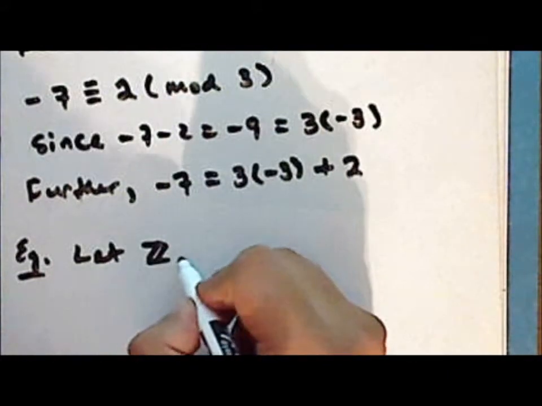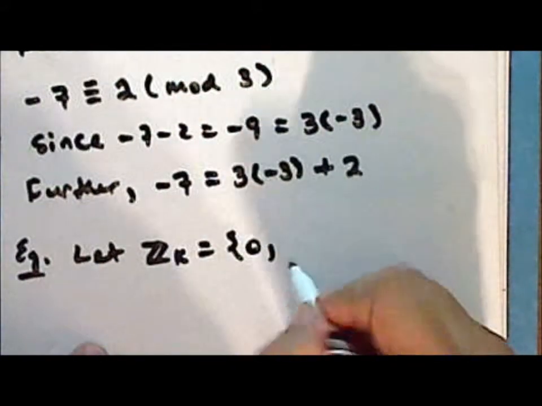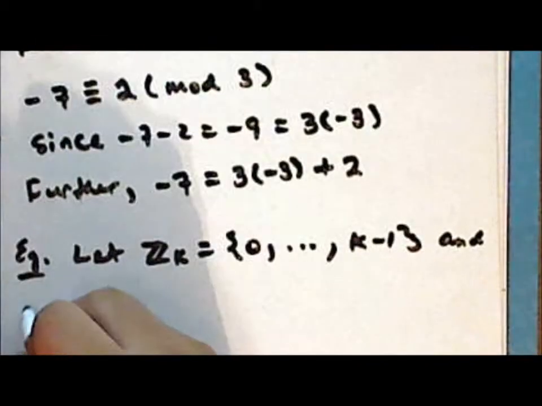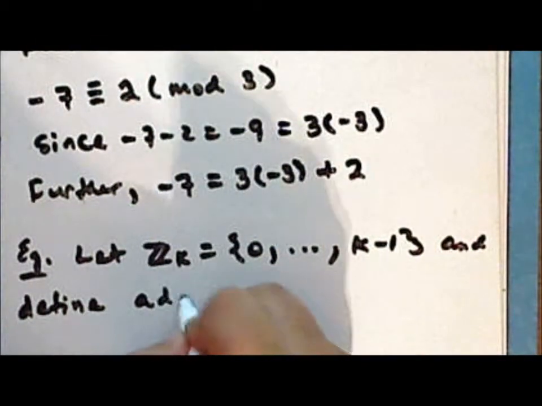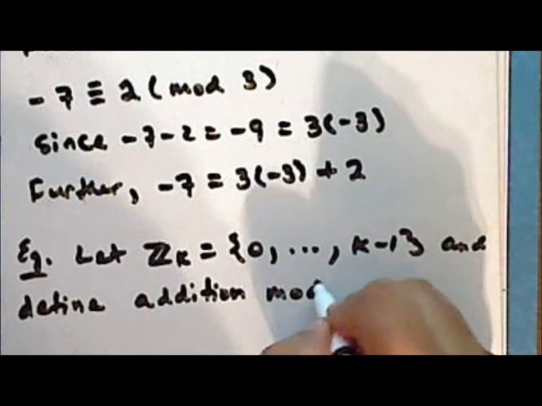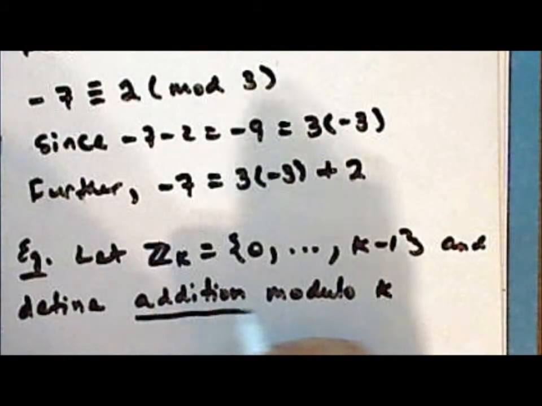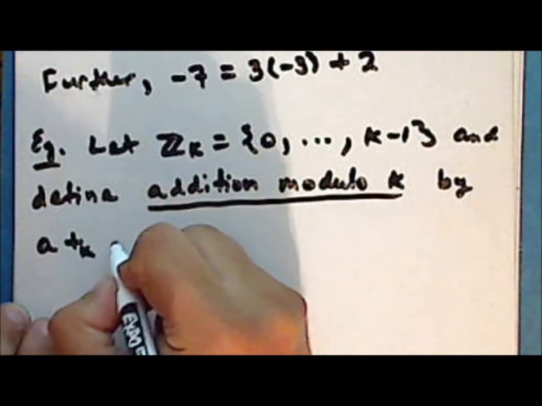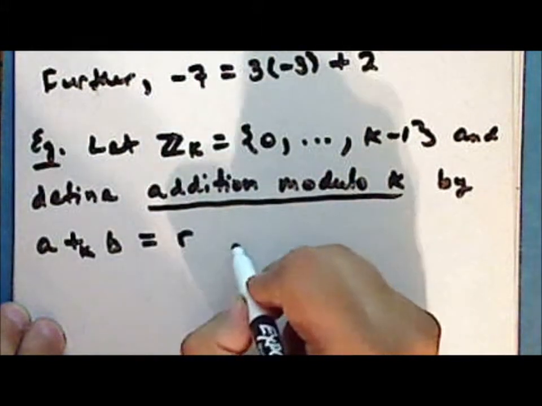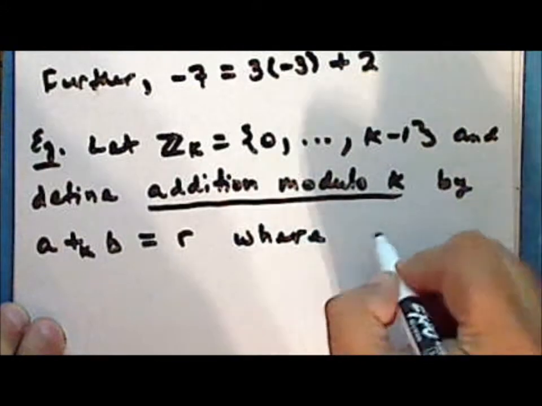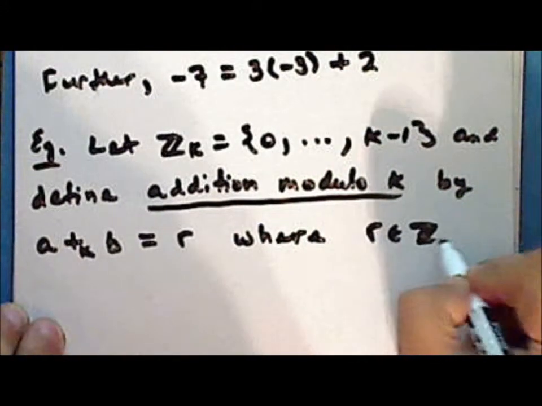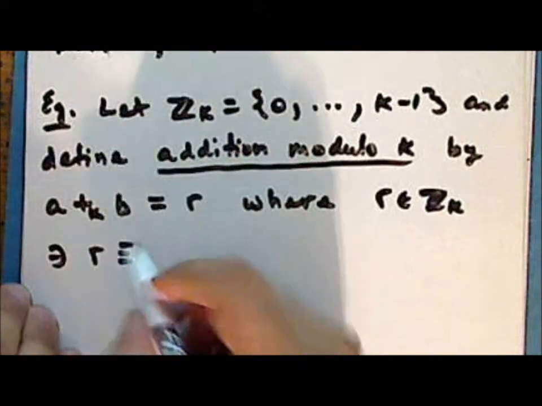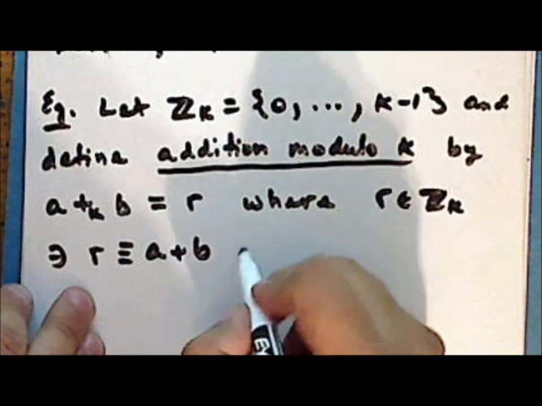So let the set of integers modulo k be the set of consecutive integers from 0 to k minus 1, and define addition modulo k by a plus sub k b is equal to r, a residue r, where r is an element in the set of integers modulo k, such that r is congruent to the normal sum a plus b modulo k.